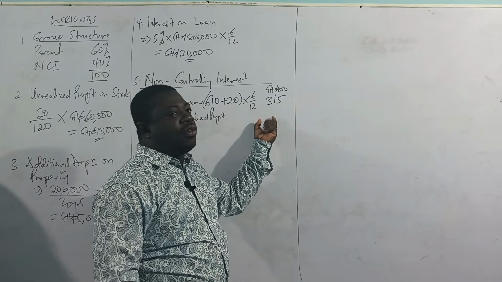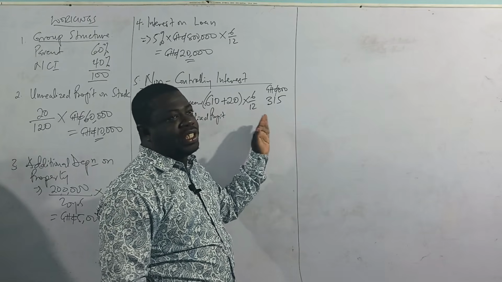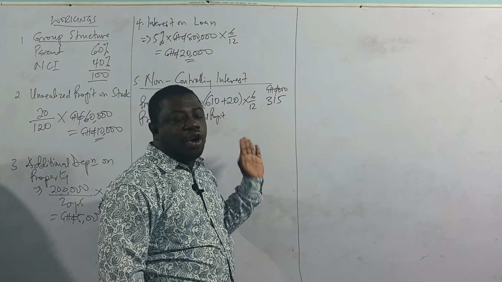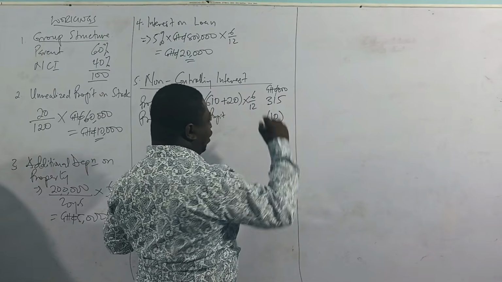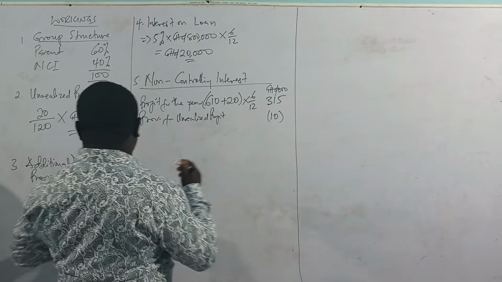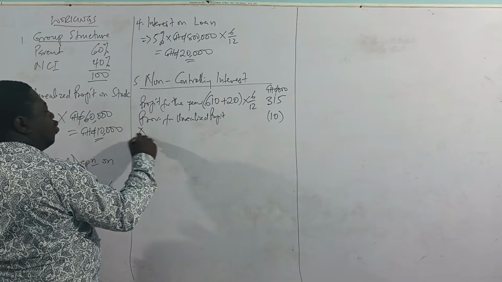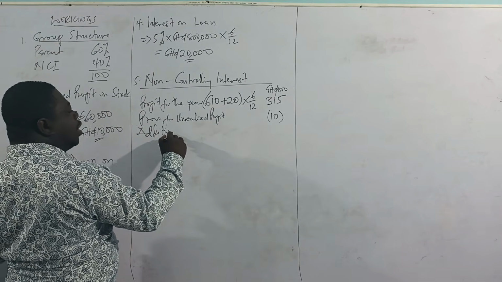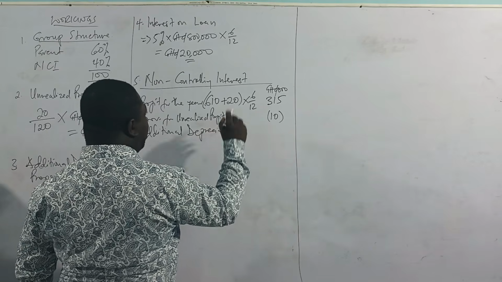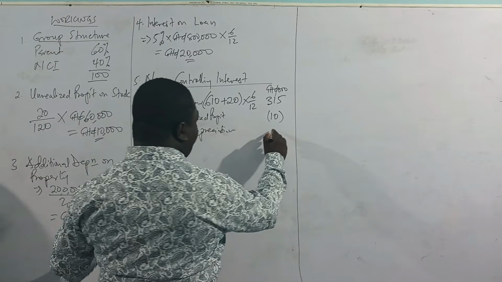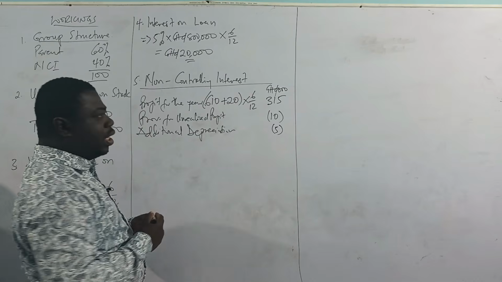But for the sake of calculating the profit to share, that particular amount cannot be called profit because it was sold to the group. And so we take the unrealized profit out. And then the excess depreciation will also be taken out of the profit, because depreciation has the effect of reducing the profit. So that 5,000 will also be out.